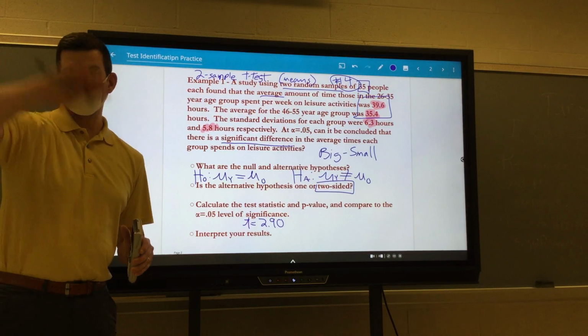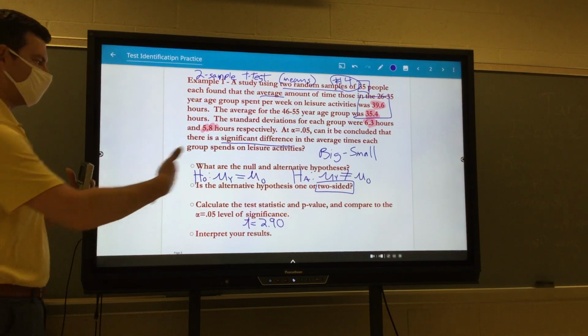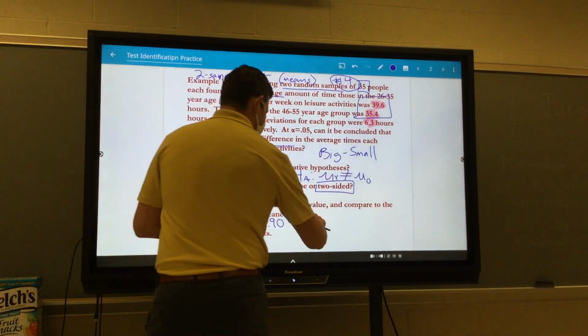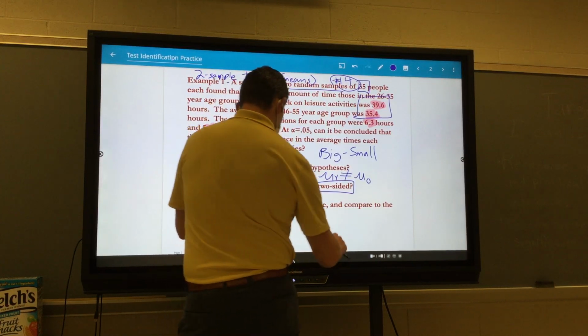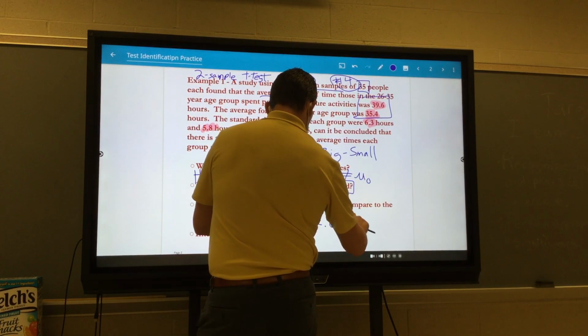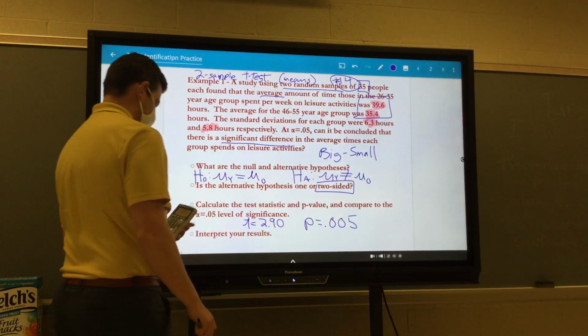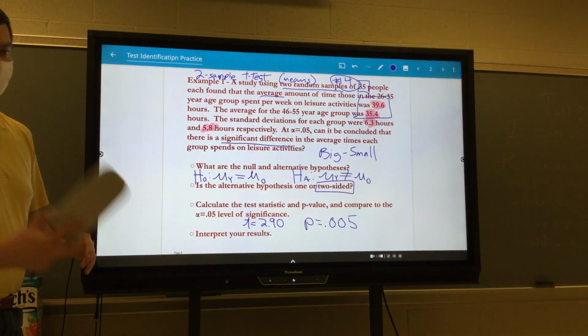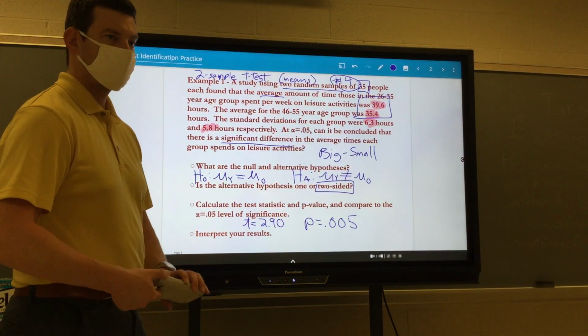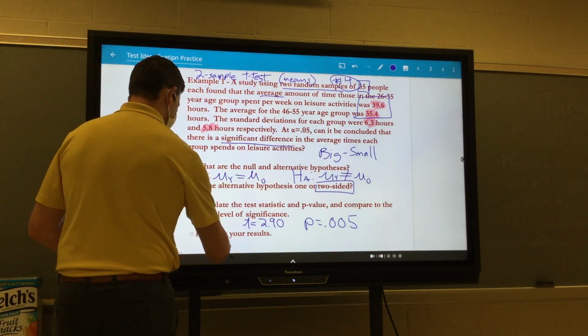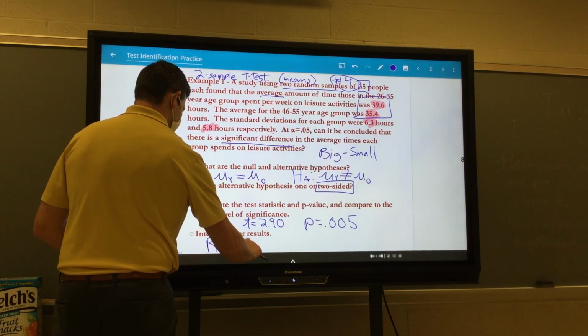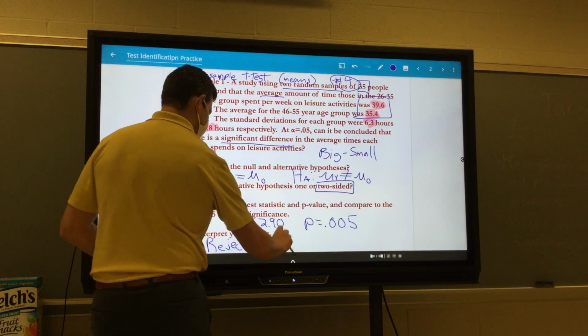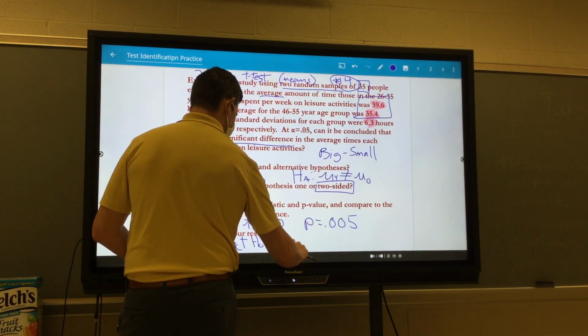On our new t distribution, we are 2.9 standard errors away, which corresponds with a p-value here, 0.005. Less than 0.05. Reject the null, accept the alternative.